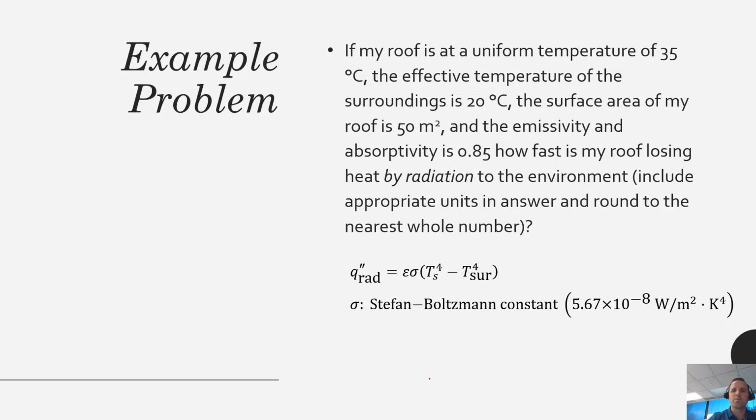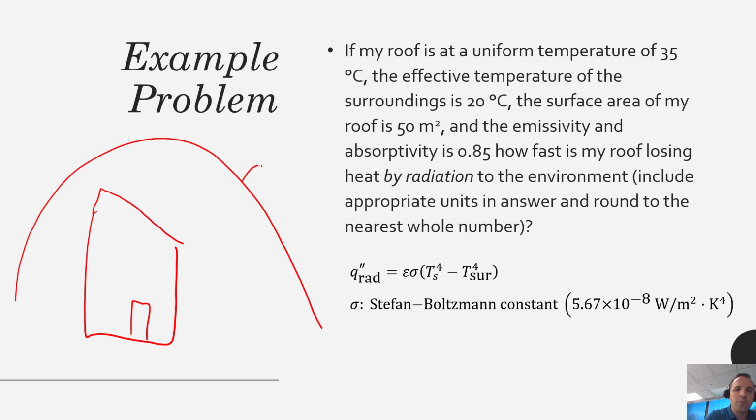We want to make sure we do this with the right units. So let's spell this problem out. Let's look at our same house with this nice simple flat roof. We're making the assumption that all the surroundings in the environment are going to be at a uniform temperature, T surroundings. By making that assumption, this roof, by comparison, is a very small object when you consider the whole sky and all of its surroundings.